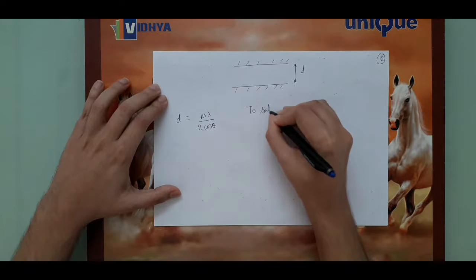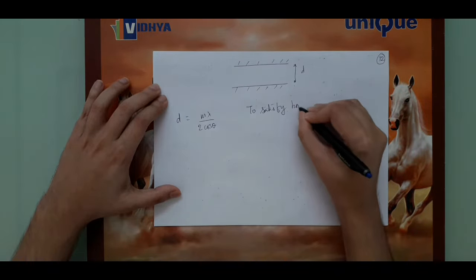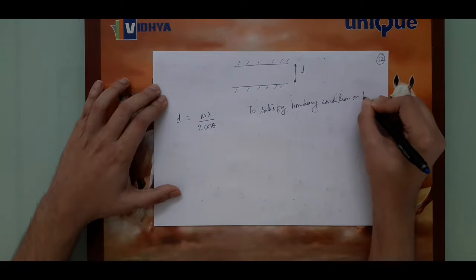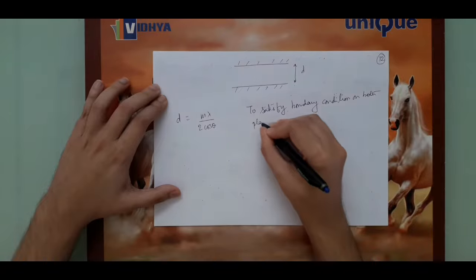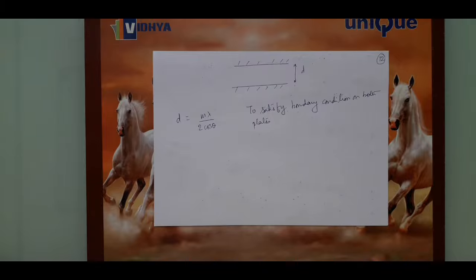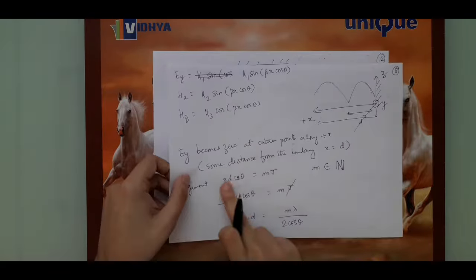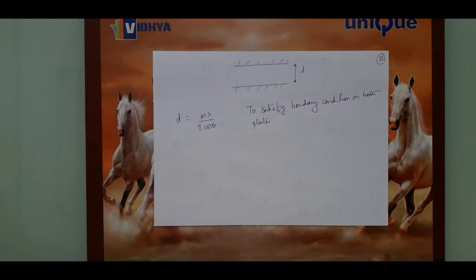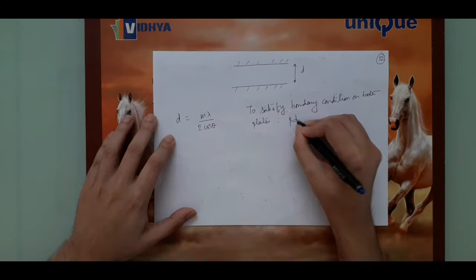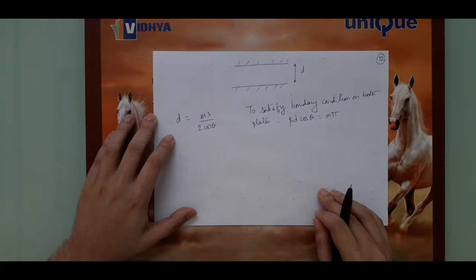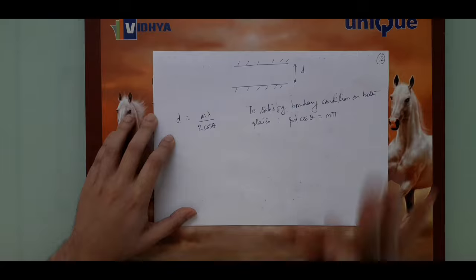So to satisfy the boundary condition on both plates, what is the condition? We had written it down. So the condition is this: beta d cos theta should be equal to m pi. So this is what should be there.